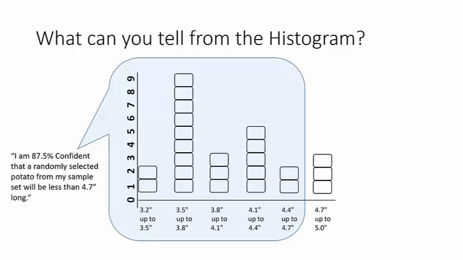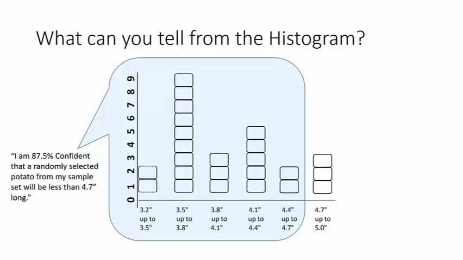Essentially, the blue box covers everything from 3.2 all the way up to 4.7 inches in length. It doesn't cover the 4.7 to 5 inches range, but it covers some range of ranges, if you will.